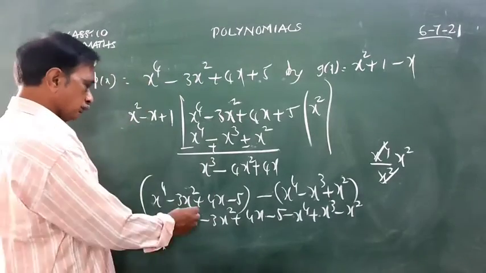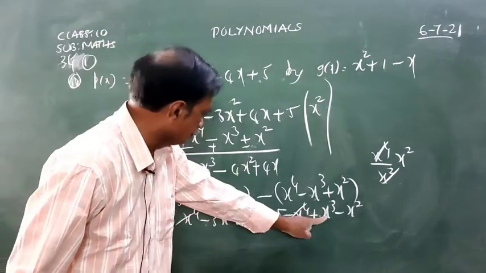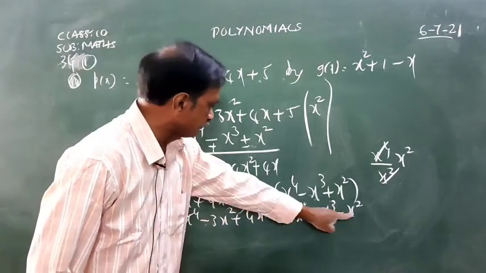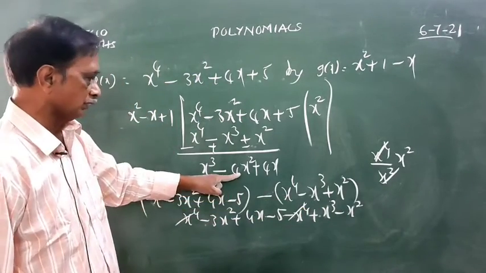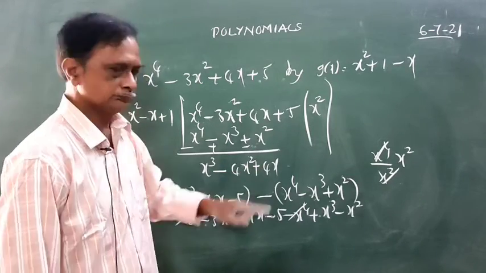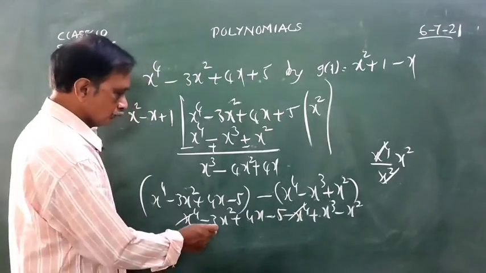Now can you simplify this one? These two get cancelled. So here we have plus x cube, minus 3x square minus x square gives what? Minus 4x square plus 4x plus 5. X power 4 minus x power 4 gets cancelled.